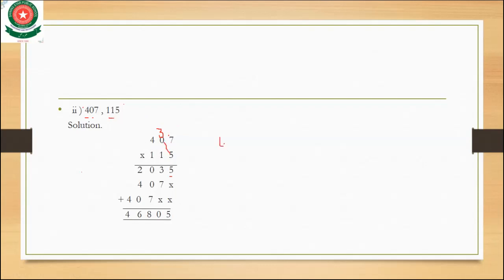So 0 plus 3 is equal to 3, here the 3 comes. Okay, 5 4s are 20. So 20 comes as it is. There is no carry at the last digit.